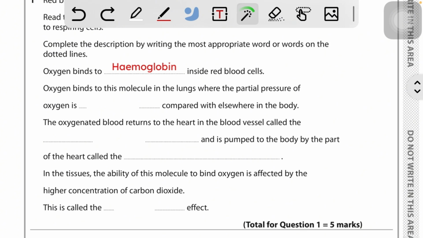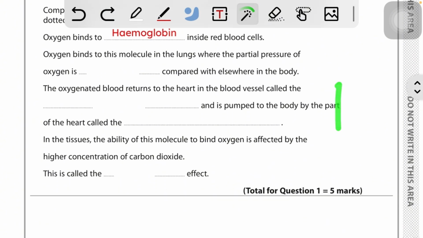If hemoglobin is in a place where the partial pressure of carbon dioxide is higher, then at that moment it will leave the oxygen from its body and will attach with the carbon dioxide. Okay, so of course when the partial pressure of oxygen is higher, it binds with the hemoglobin.